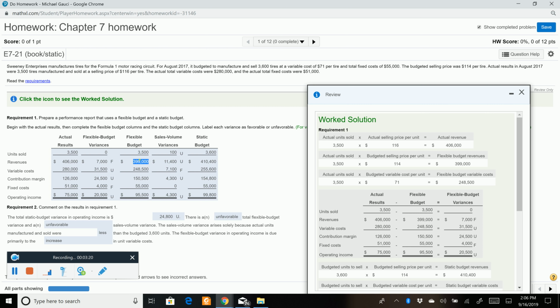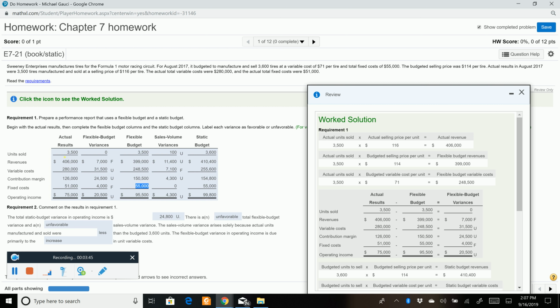If we take our 3,500 units sold, times our budget for variable cost of $71 per tire, you'll get your $248,000. And for fixed costs, well, it remains the same. That's the budget. For fixed costs, it really has nothing to do with number of units sold. Fixed costs remain the same in total, regardless of activity level.